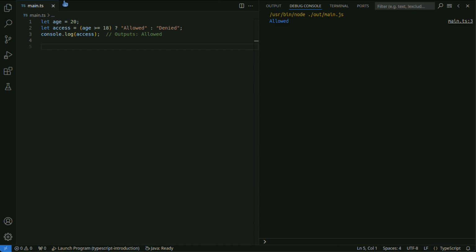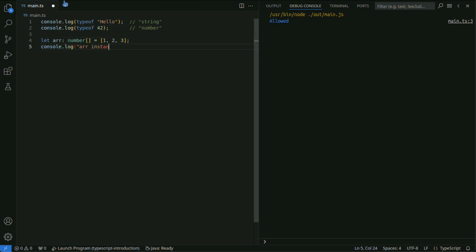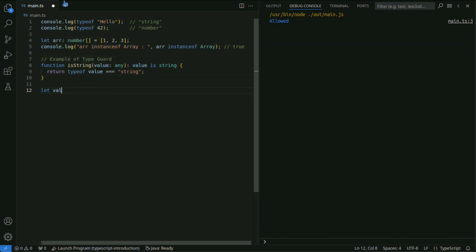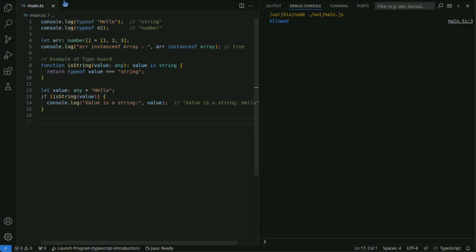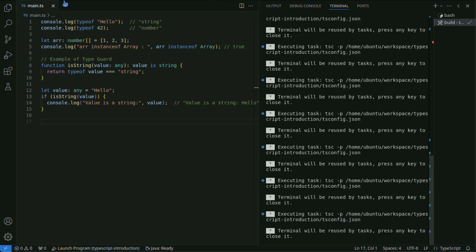TypeScript's type operators include the following. Type operators are used to check the type of a value or convert it to a specific type.